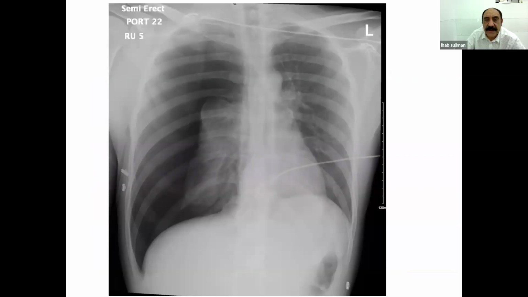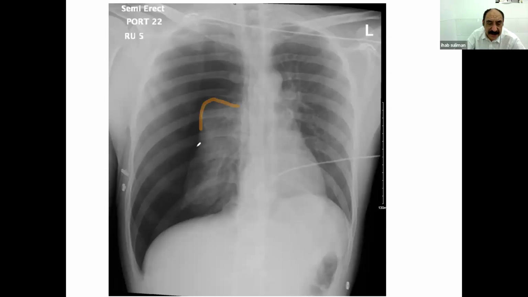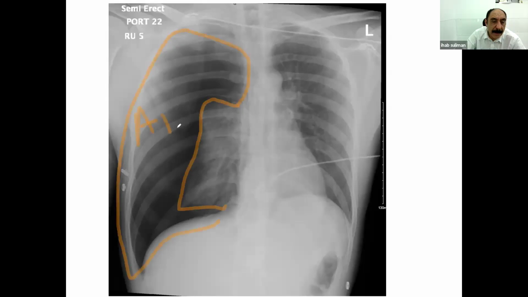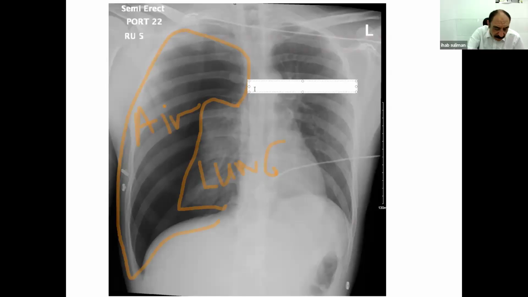When you look at the lung markings on the right, this is the right lung, it has been compressed so much, and this is all air. And this is the lung. So this patient is having tension pneumothorax.